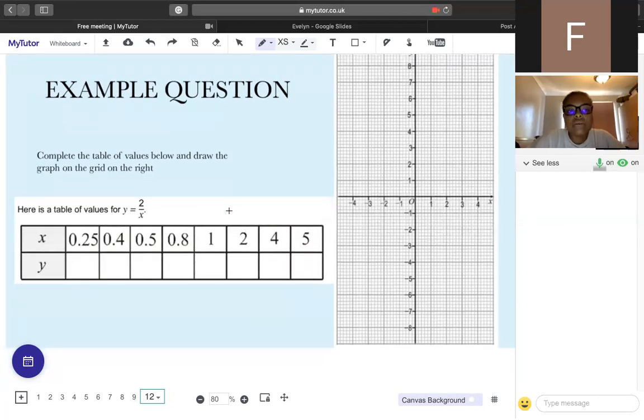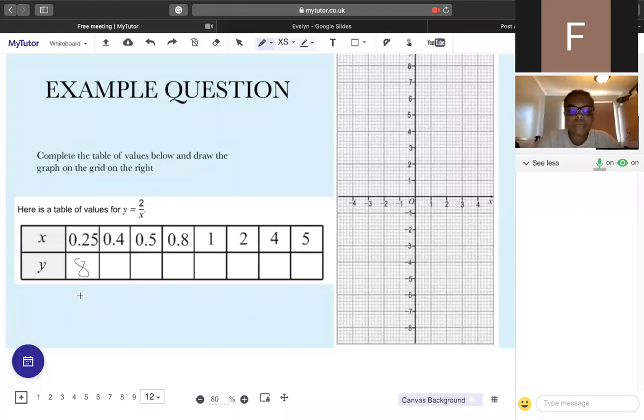So for x equals 0.25, we need to do 2 divided by 0.25. Using a calculator, this will give you 8. So y equals 8 for x equals 0.25. And the next one is for x equals 0.4.